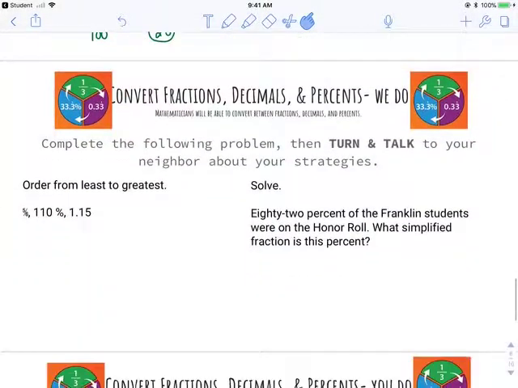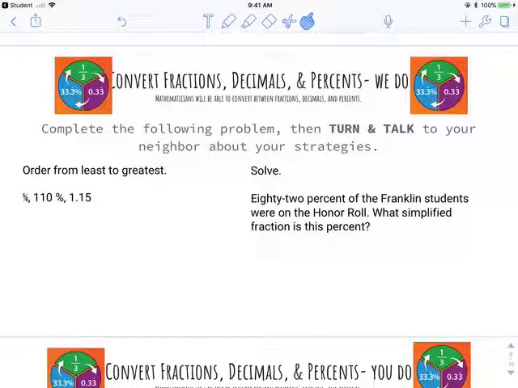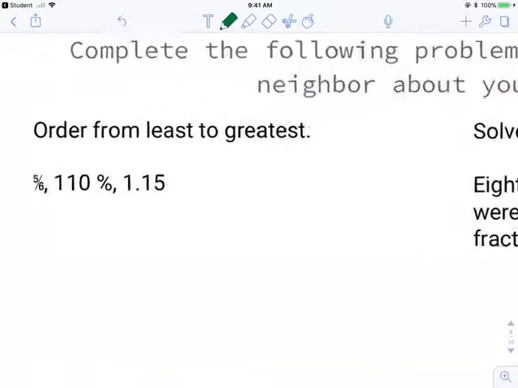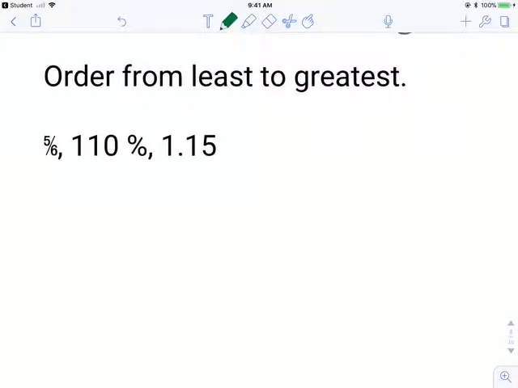On this next slide, go ahead and pause it again. Take a few minutes to work with a partner, and then come back and check your work. So I'm going to go over least to greatest first. I'm going to change everything into a percentage. So I know that the fraction 5/6, when I divide it out, I get 0.83 repeating.